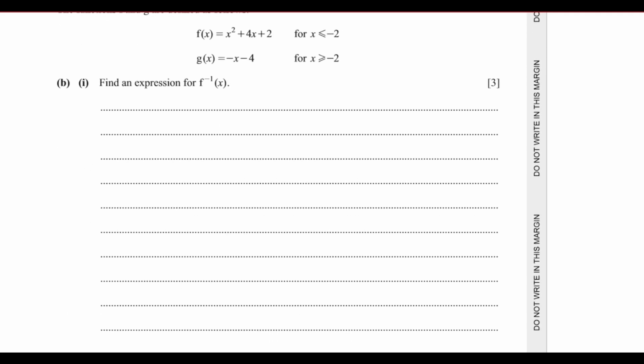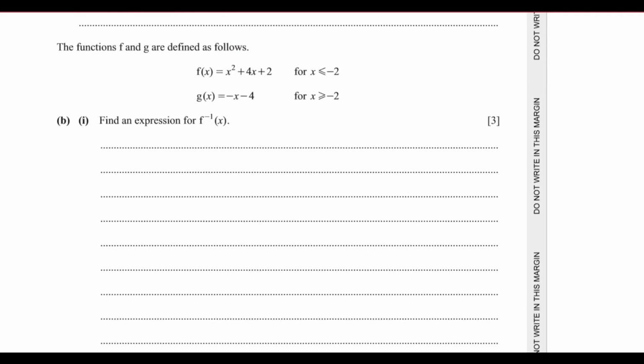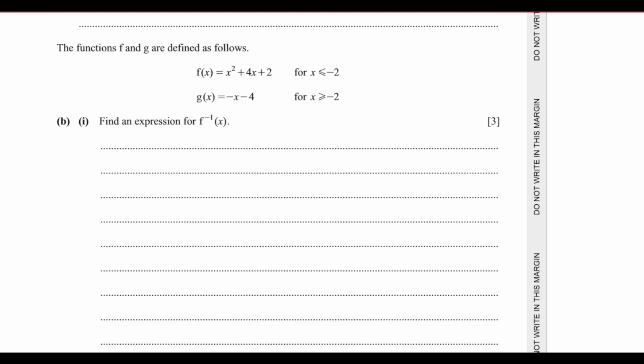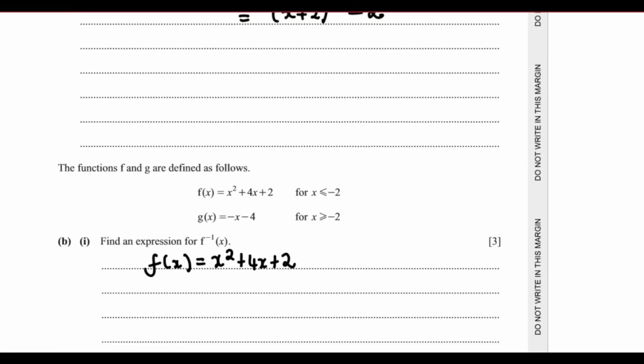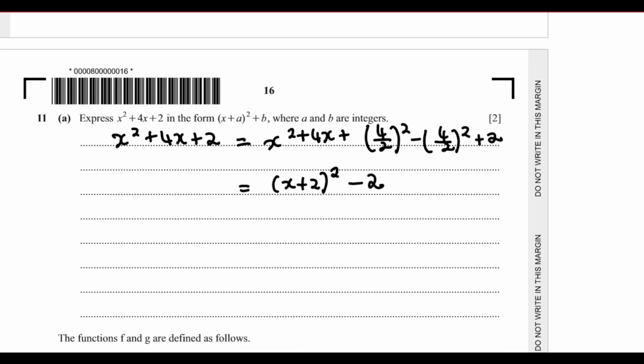Now we need to find the inverse of f. We have two functions, f and g. We need the inverse of f, which is a quadratic. And it is coincidentally, well, not really, the same expression that they gave over there.